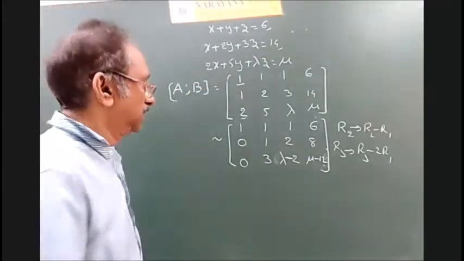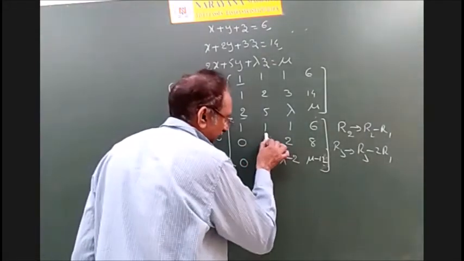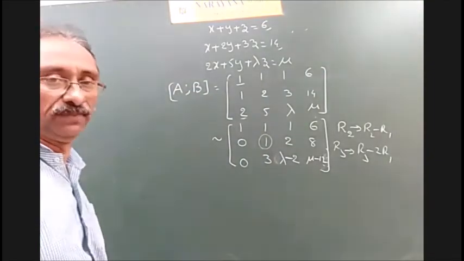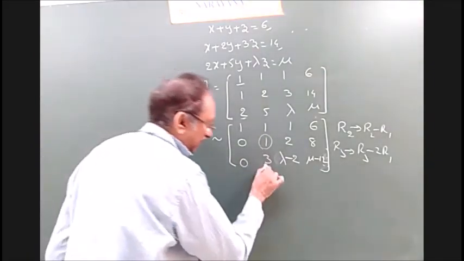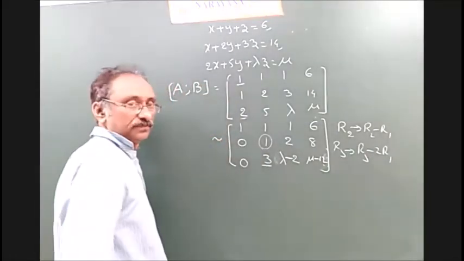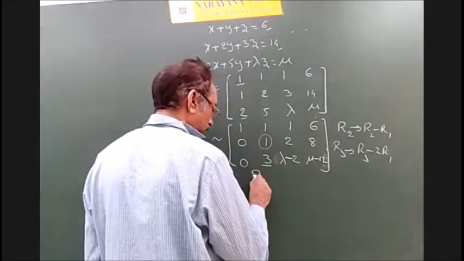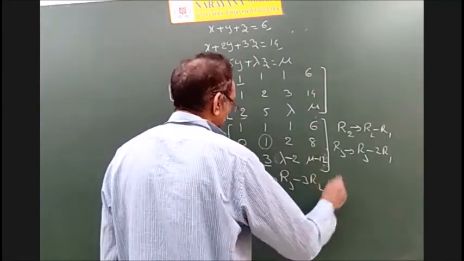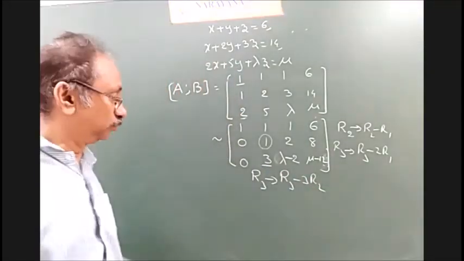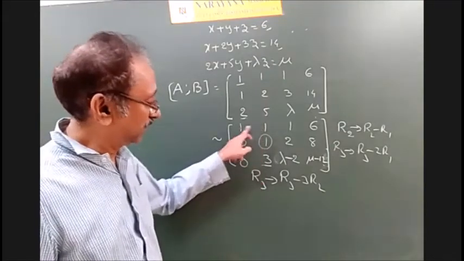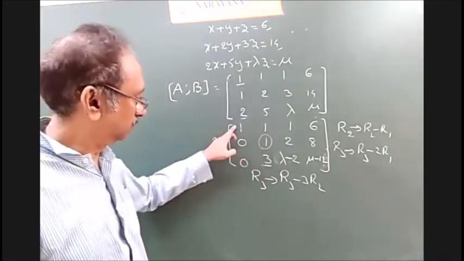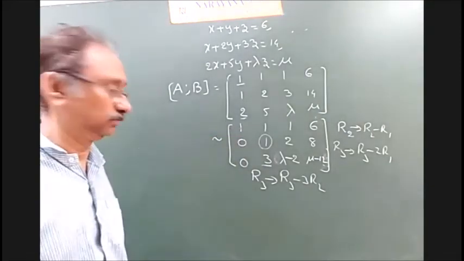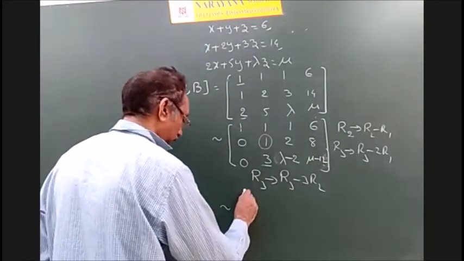First step is over. And second step. To do second step, it must be non-zero. Yes, it is non-zero. So if it is 1, it is very happy. Right. And using that, we make this element 0. What is the operation? So R3 implies R3 minus 3R2. So to make this 0, never use first row again. If you use first row, this 0 element becomes once again non-zero. Okay? Right. See.